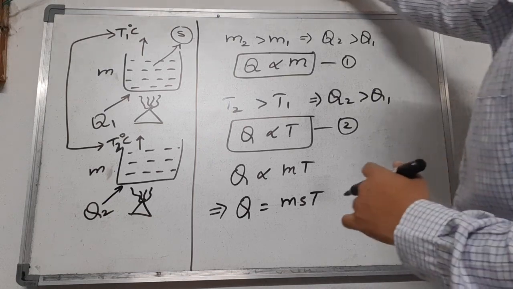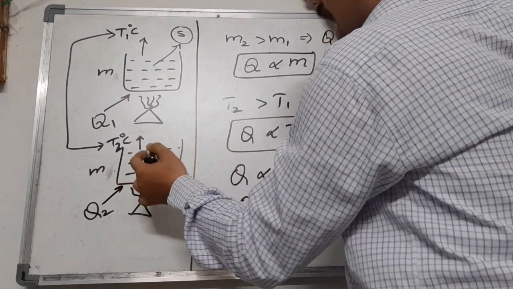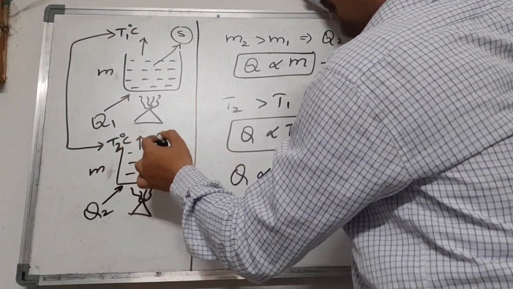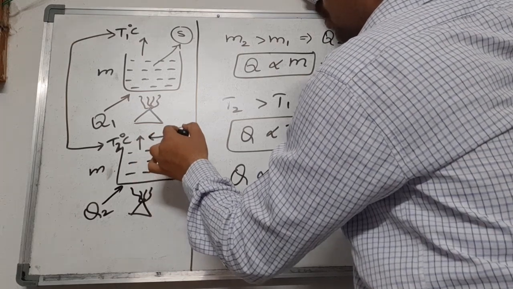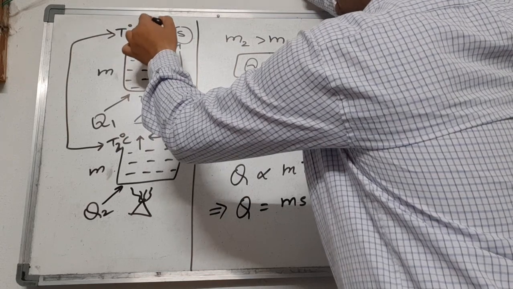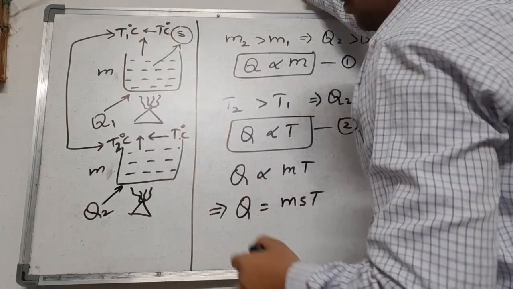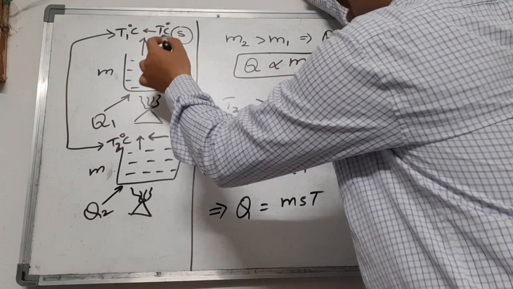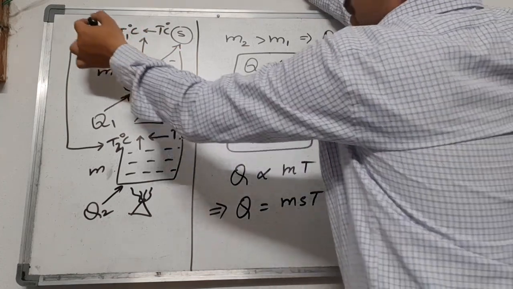And moreover, here I am increasing the temperature from T degree Celsius to T2 degree Celsius. Here also I am increasing the temperature from T degree Celsius to T1 degree Celsius. So there is a change in the temperature.